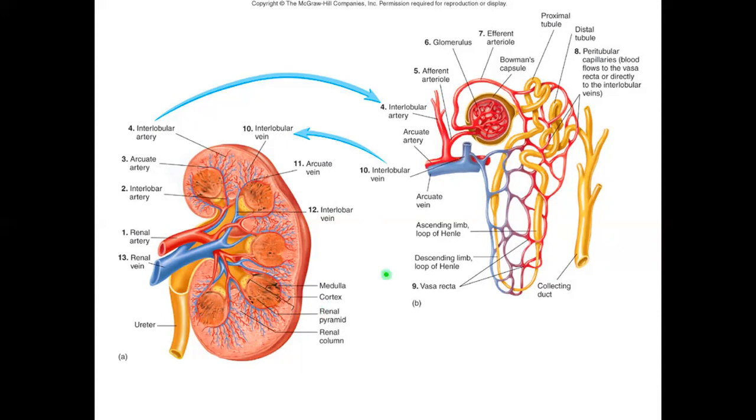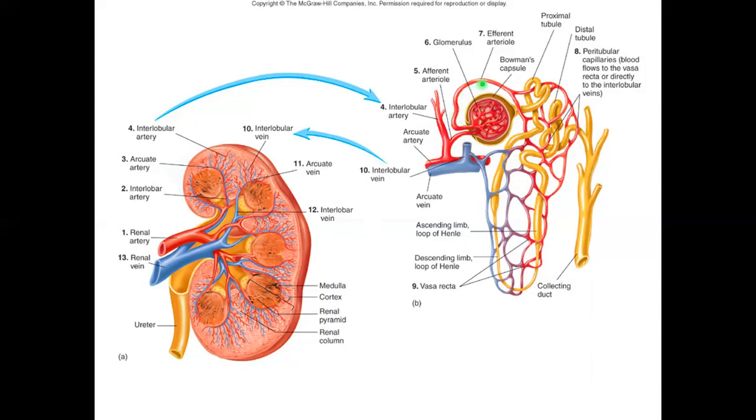If you blow this up, take a look at your blood flow. So here's your arcuate artery, right? That's wrapping around the pyramid. And then you have your interlobular artery. But take a look. You have an afferent arteriole, a branch off of that goes into the glomerulus. The glomerulus is the fancy name for your capillary bed. So afferent arteriole, glomerulus, or capillary bed, and then efferent arteriole.